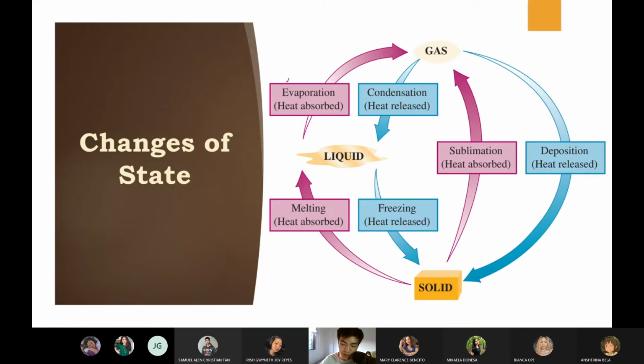Endothermic, ito yung spelling, ibig sabihin, mag-absorb yan ng heat. So, the melting process will absorb it. So, that is endothermic process.